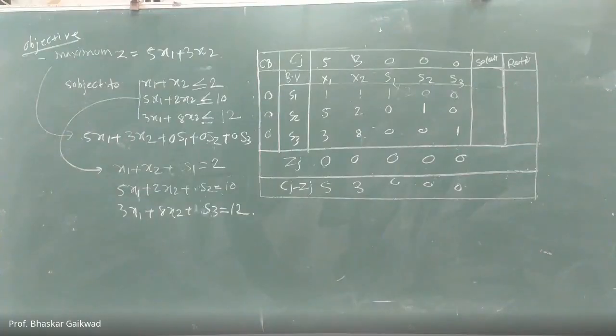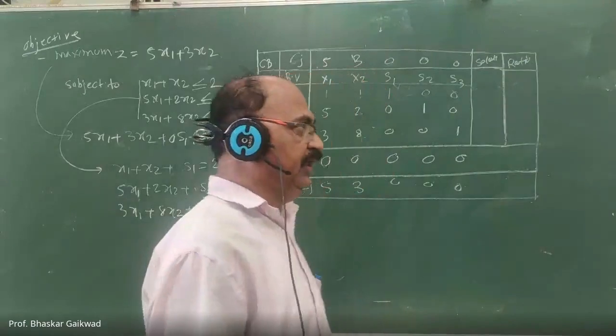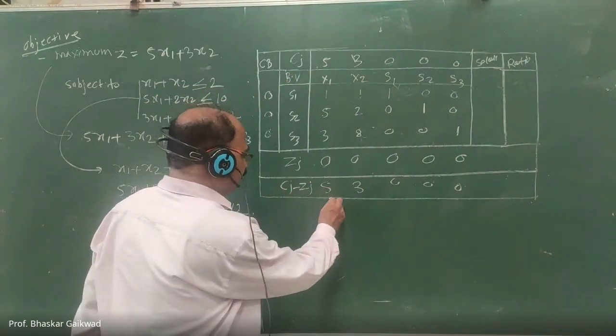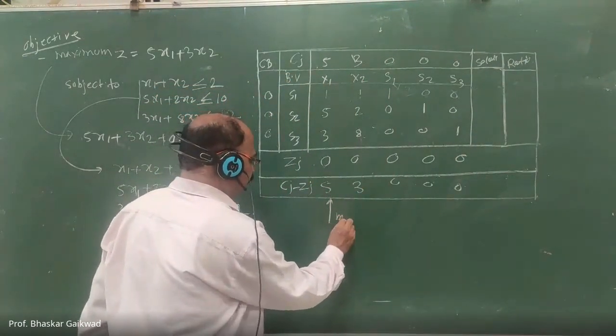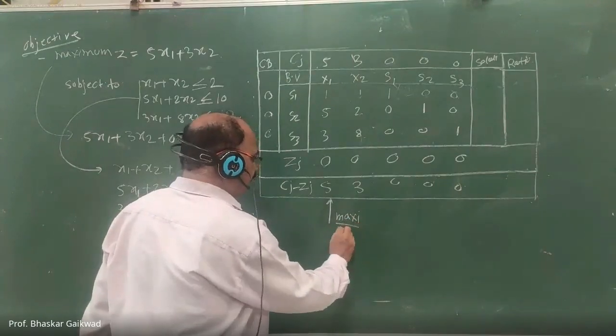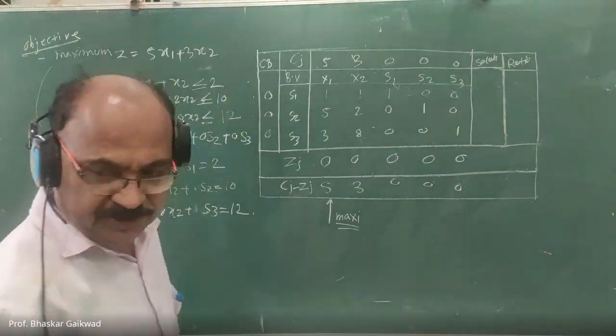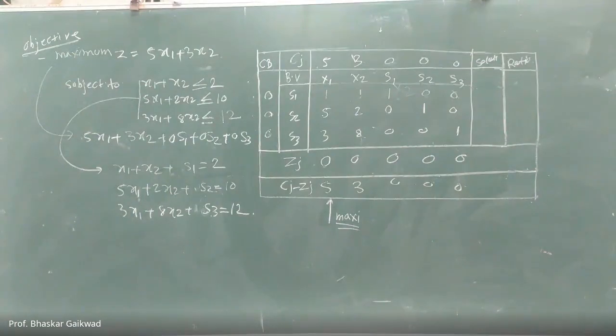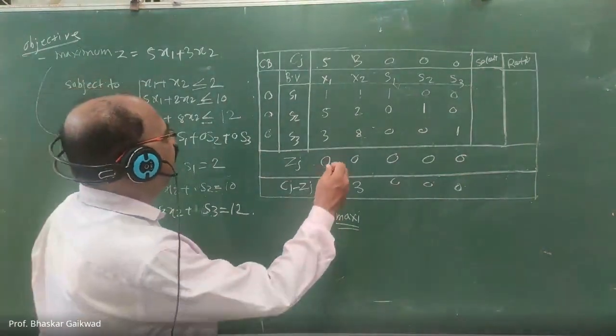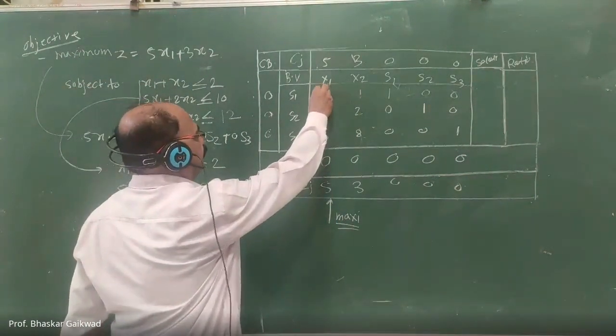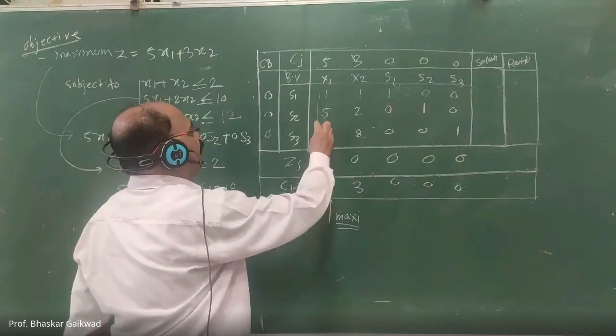Key element, key row, and key column. Yes, very good. First, we have to find out key row, key column, and key element. So how to find them? So this is the maximum. This maximum value is your column.